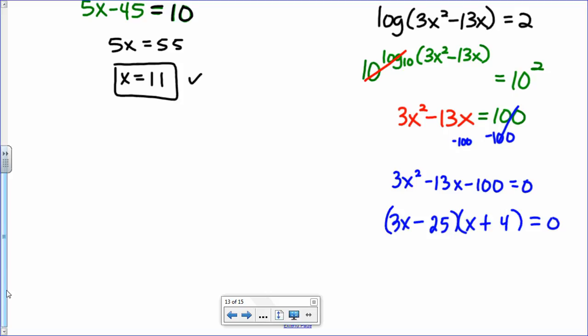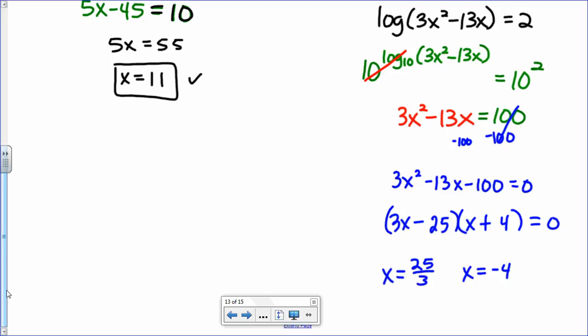My inner is negative 25x. So negative 25x, positive 12x, that gives me the negative 13x. So my solutions then are x equals, so 3x minus 25, that gives me positive 25 over 3, because you would add 25 and then divide by 3. And then x plus 4 would give me negative 4.